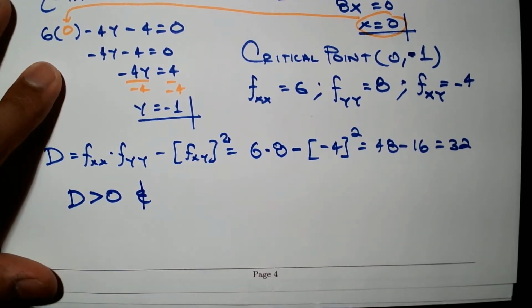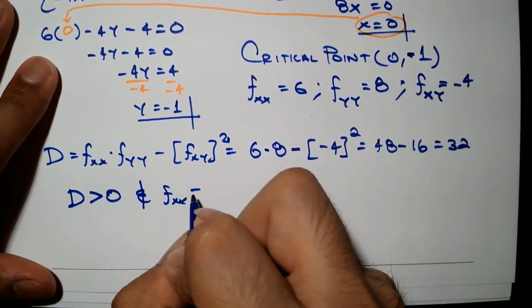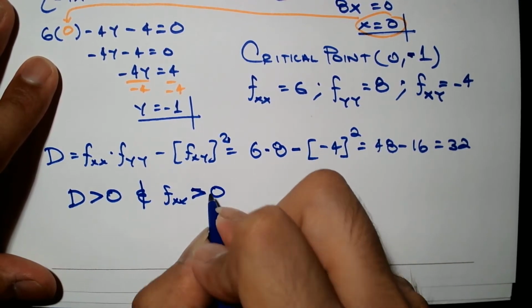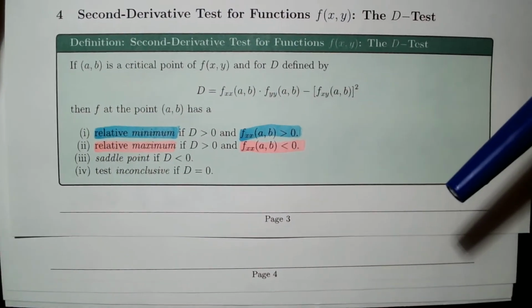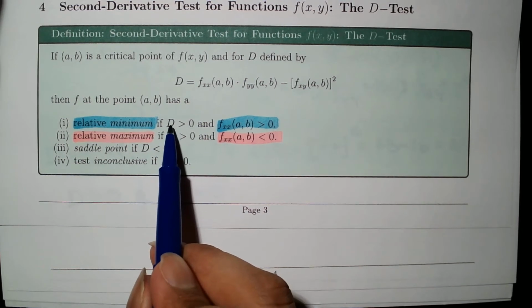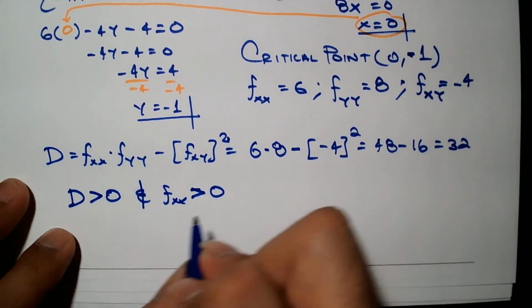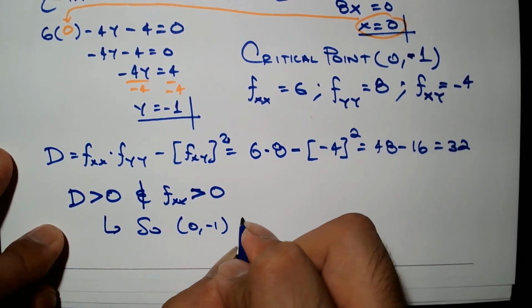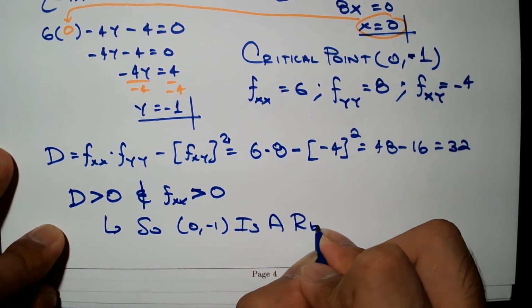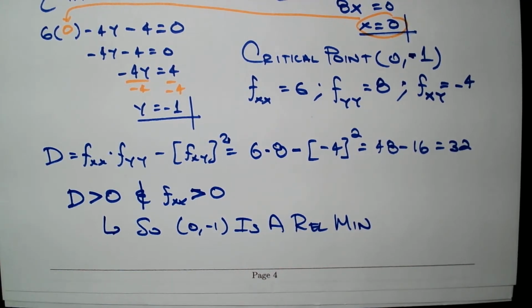And also fxx, which is 6, is greater than 0. Looking at the criteria of the test, with D positive and fxx evaluated at the critical point greater than 0, we get a relative minimum. So 0, negative 1 is a relative minimum. Okay, so that's what we get.